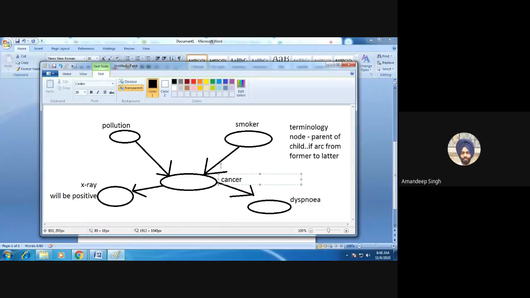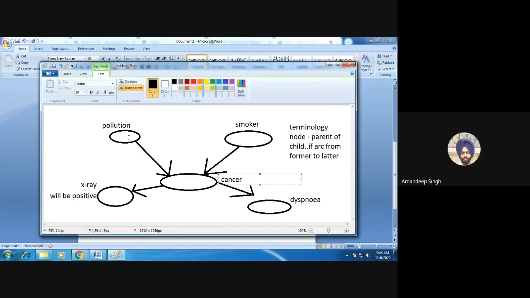Fine. And also these are the antecedent nodes, you can refer to the smoker node and this pollution node, they are also acting as the antecedent nodes. Fine.